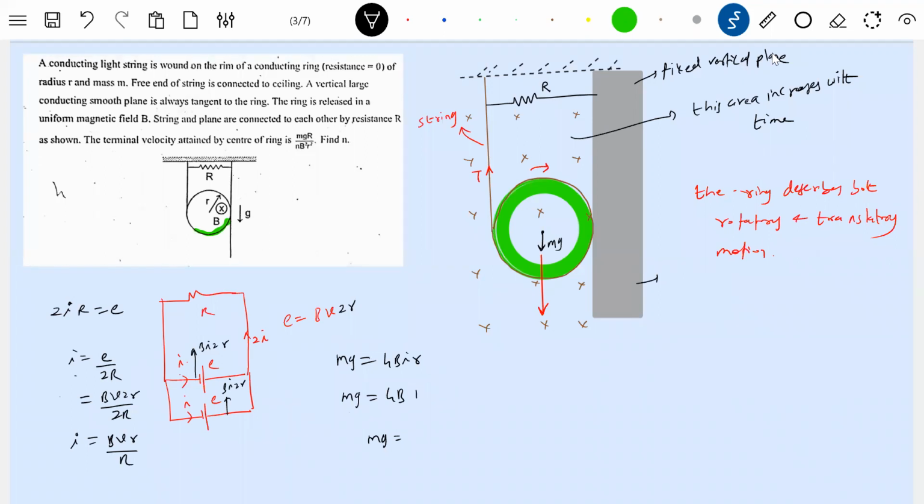So this becomes I equal to BVR by R. Then 4B square R square V by capital R. It is asking to get the terminal velocity, so this will be equal to mgR by 4B square r square. No EMF will be induced due to rotatory motion.